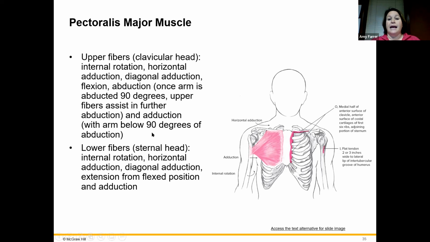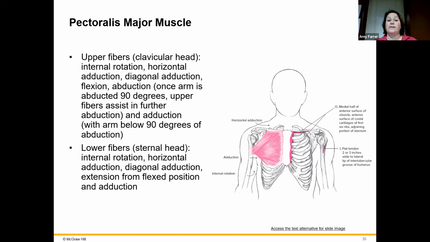So it has actions, a lot of them, because of the way those fibers are oriented, you can see how they all are at different diagonals. So our upper fibers, the clavicular head, what primarily comes off the clavicle, it internally rotates, horizontal adduction, okay? It will help abduct once we get up to 90 degrees, okay? And it will help with adduction if we're below 90 degrees.